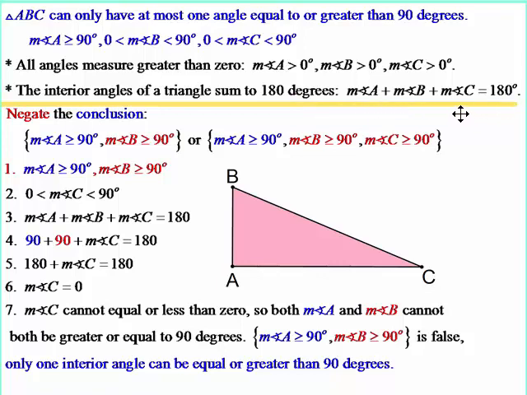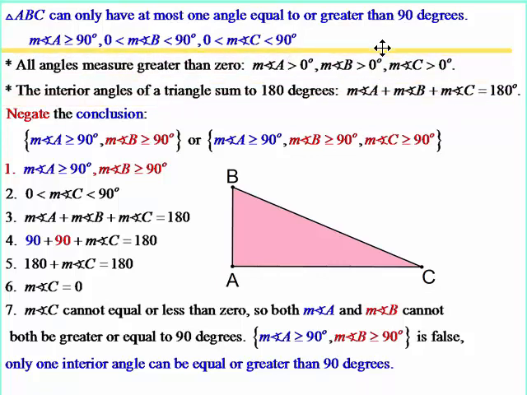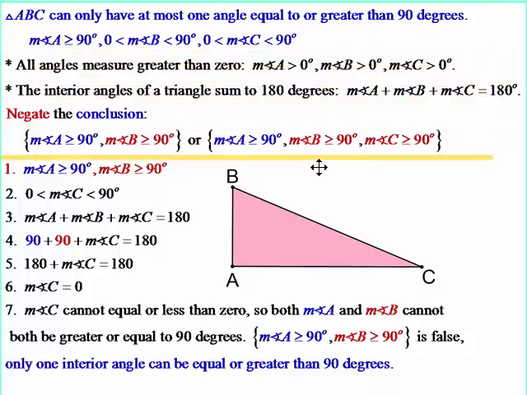So let's start with our proof. The first thing is we're going to take our original conclusion here, and then you negate it. So I'm going to say here that either two angles are equal to or larger than 90, or all three of them are equal to or larger than 90.